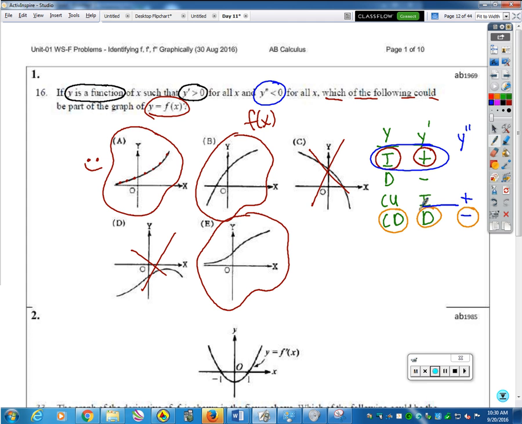Perfect. So just restating Deborah's words, they tell you that every y coordinate of y double prime will have a negative value. So you get that on the chart.